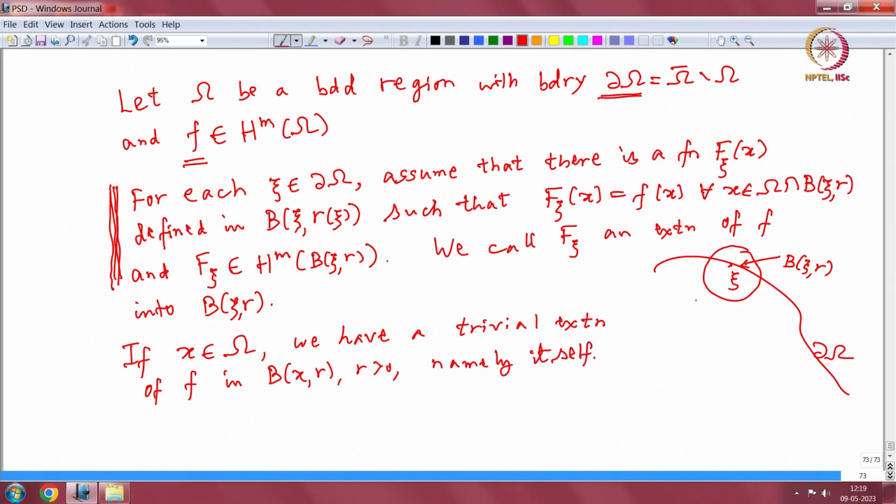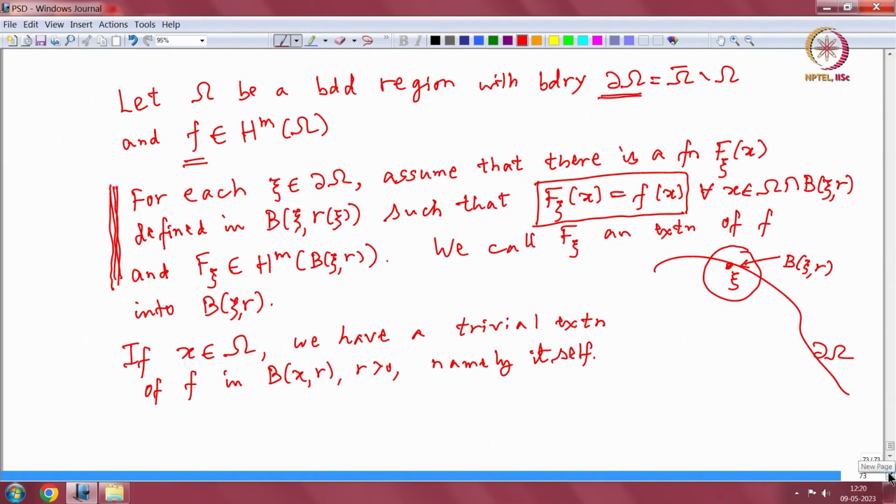The problem is only at the boundary points. Okay. Then that neighborhood may not be in omega. So, we cannot take, like here, f itself. Okay. So, this has to be found. Okay. So, that's going to be essentially the assumption on the boundary. So, that we will see. Okay.